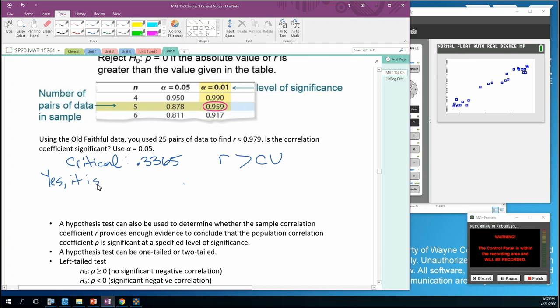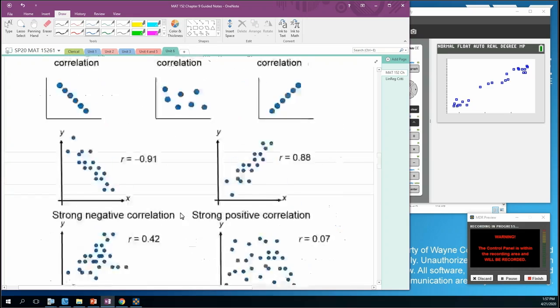So what this means now is we have evidence of a linear relationship, or let's say a linear correlation between, let's see, what were those two variables for Old Faithful? We go back up to that real quick.